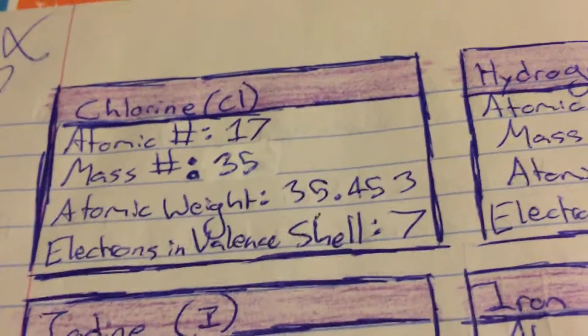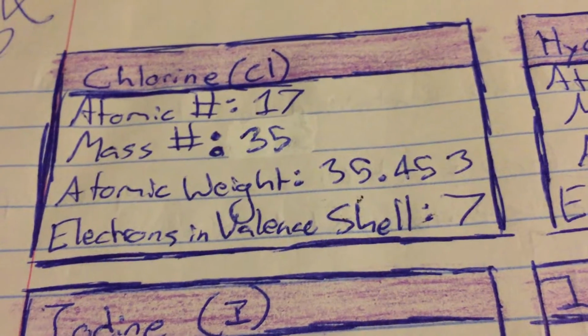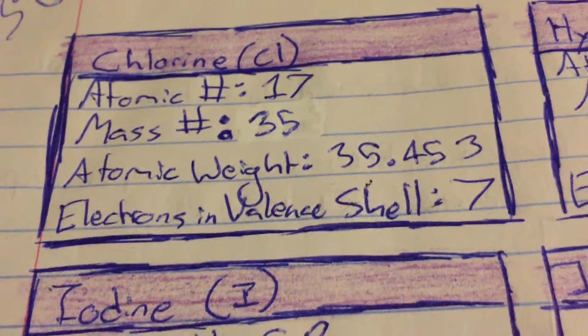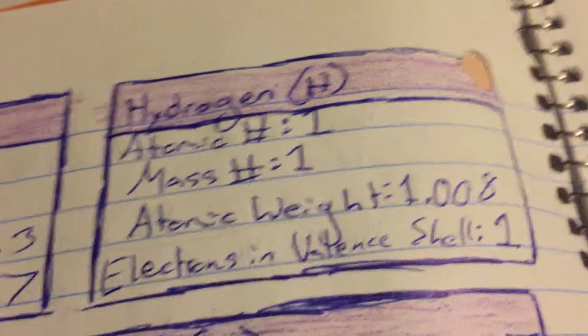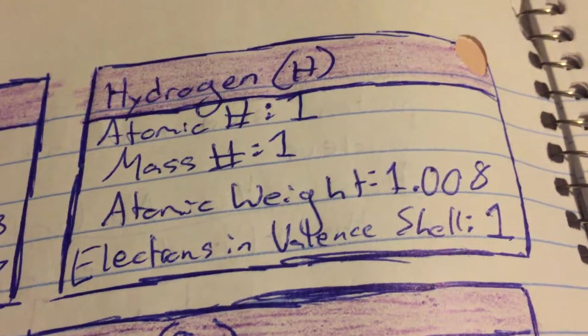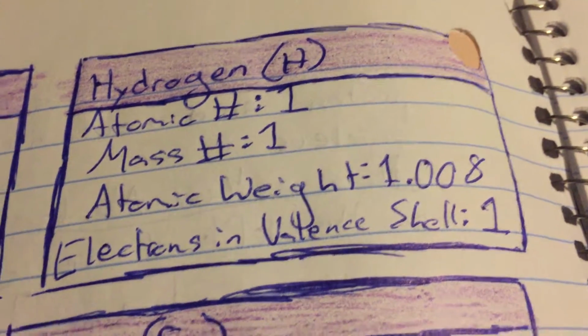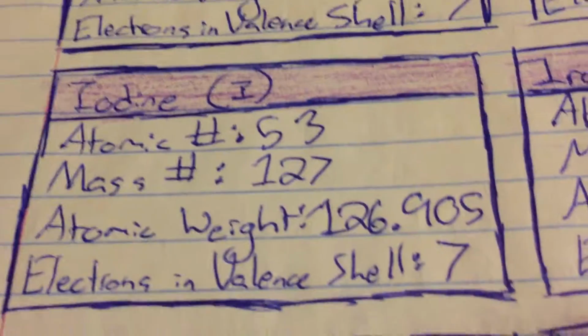Chlorine has an atomic number of 17, a mass number of 35, an atomic weight of 35.453, and 7 electrons in its valence shell. Hydrogen has an atomic number of 1, a mass number of 1, an atomic weight of 1.008, and 1 electron in its valence shell.